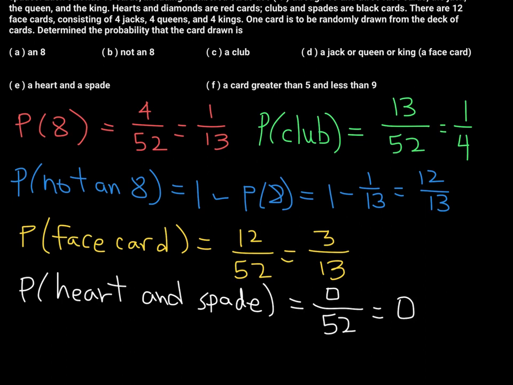There are 4 7s: 7 of hearts, clubs, diamonds, and spades. There are 4 8s: the 8 of clubs, hearts, spades, and diamonds. So there's the number 6, 7, and 8. These are the 3 numbered cards that are greater than 5 but less than 9, and there's 4 of each one of those.